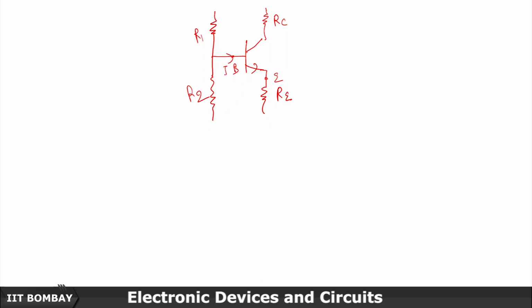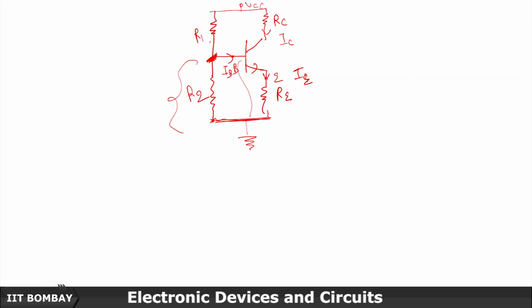Okay, so this is base current, this is emitter current, this is collector current. These two are connected with the VCC, and these two are connected to the base. So, now the voltage drop across this and across this should be same, which makes sense because both of these points are grounded.